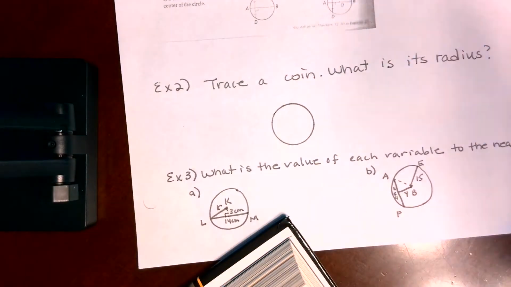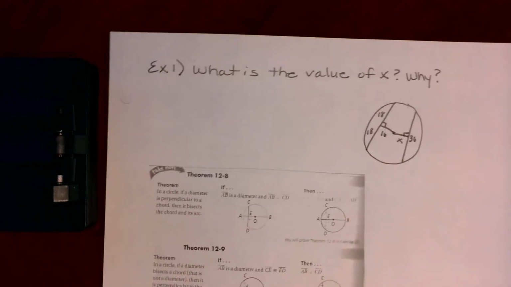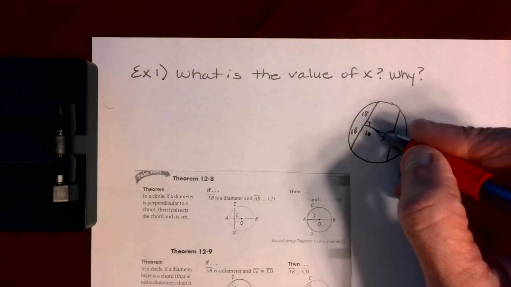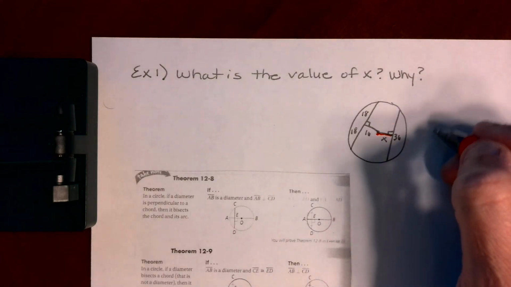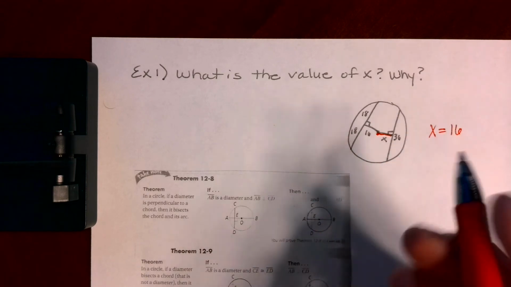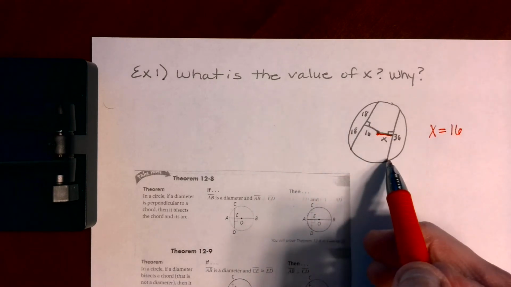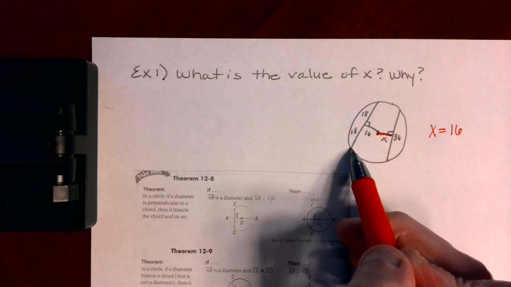All right. So when we look at this, let's use some of that. What would this distance be? And why? Which theorem? A lot of you might see that that's 16, and that is correct. This is 36.